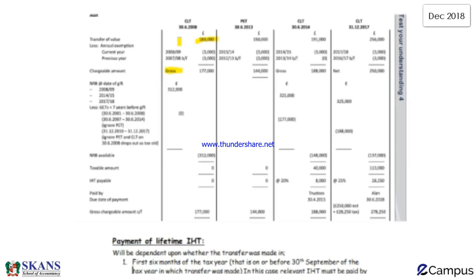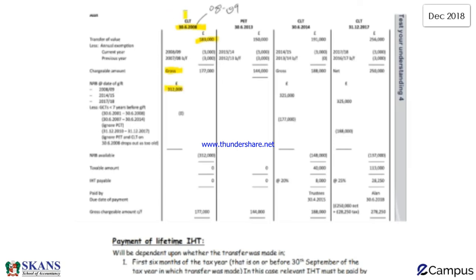Now we want to know the nil rate band for the tax year 8-9. Well, it will be given in the rates and allowances table of your exam paper. So from that, we notice that the nil rate band for tax year 8-9 is 312,000.